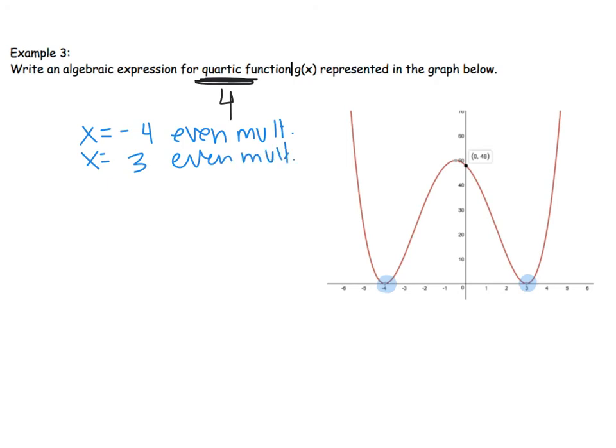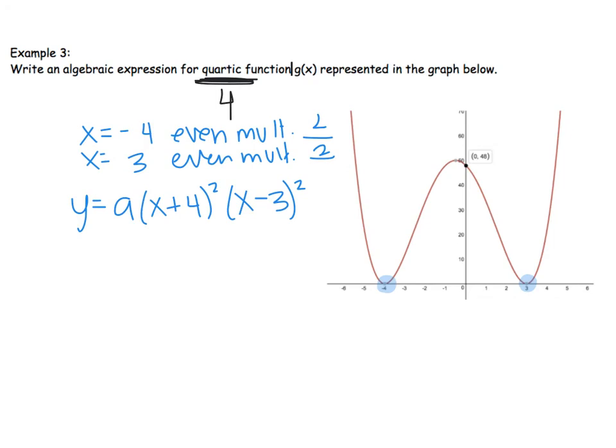So in order for those multiplicities to add to 4, they must both be 2. Next, I'm going to write my equation with my unknown a value, x plus 4 squared times x minus 3 squared.